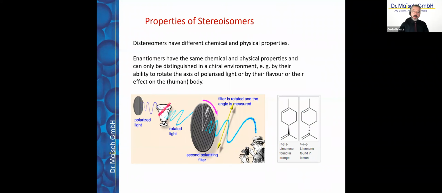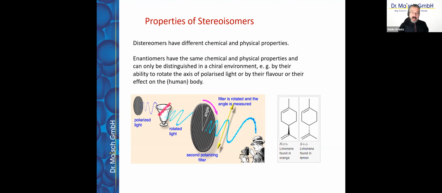So what are now the properties of stereoisomers? Stereoisomers which are not mirror images of each other have different chemical and physical properties. So you can distinguish them also in chromatography, and you could separate them using normal stationary phases, which do not need to be chiral, for example, C18 or silica.